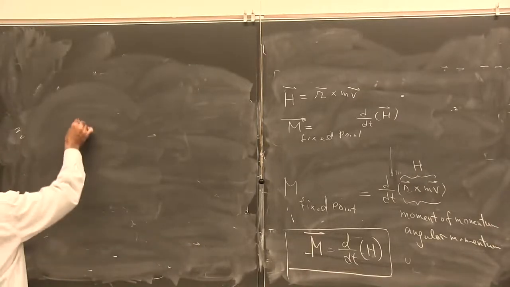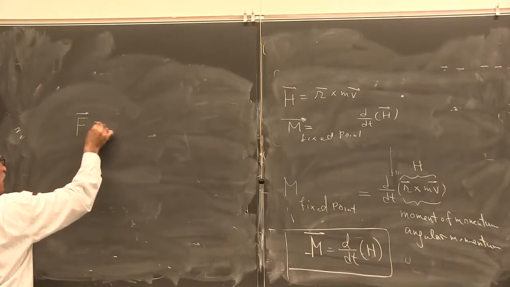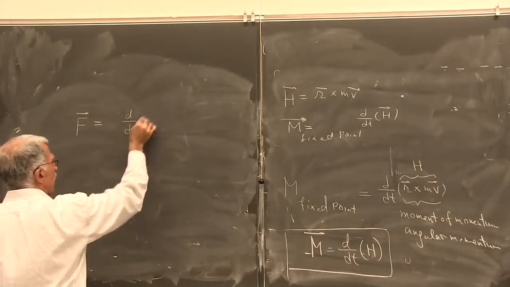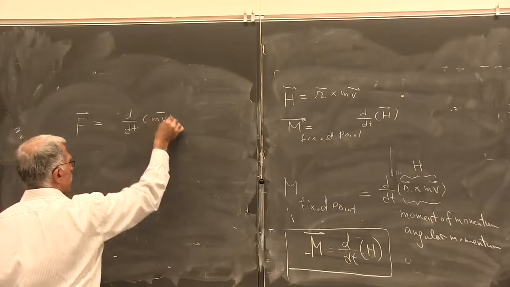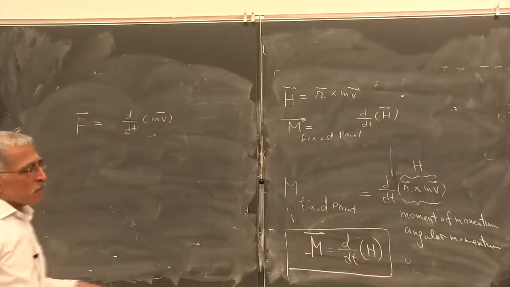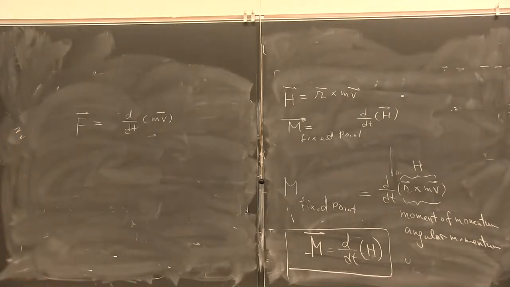Again, you have F equal to d over dt of mv. That's Newton's law. You can always solve every problem with Newton's law. But sometimes, if you are just interested in the position, the time that has passed, or the delta R, then you may want to use energy.